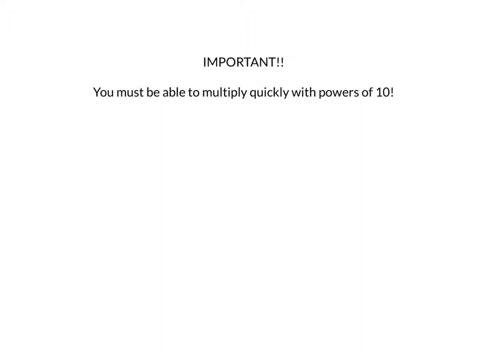Not only do you need to know your math facts in this particular course and in all subsequent math courses, you also need to be able to multiply quickly with powers of 10. Let me give you an example. We had just done the problem 7 times 80. And I told you, well, 7 times 80 was equal to 560.